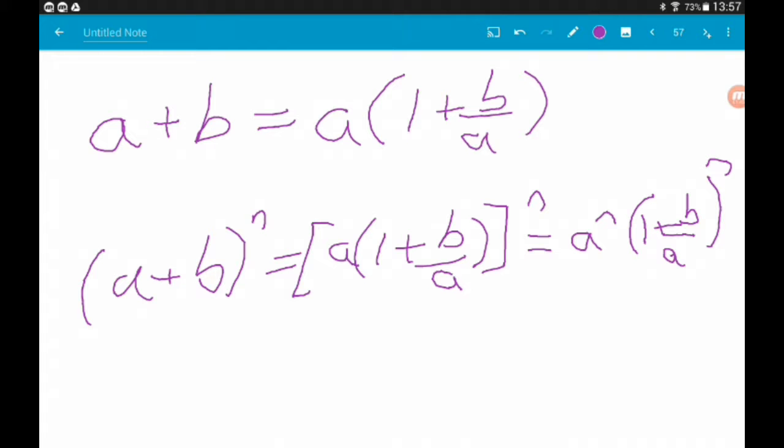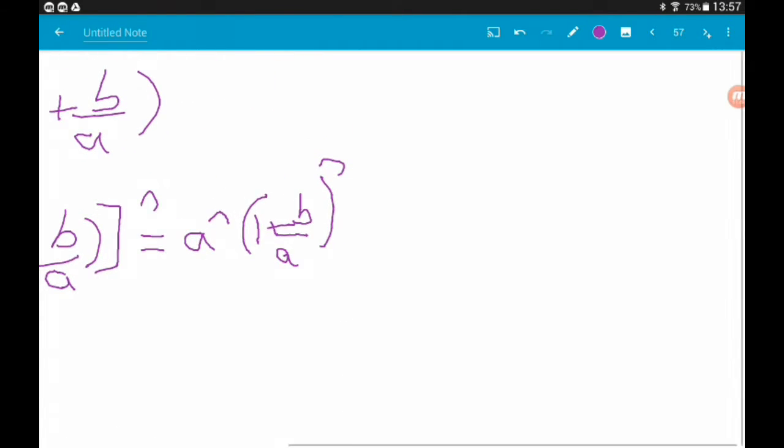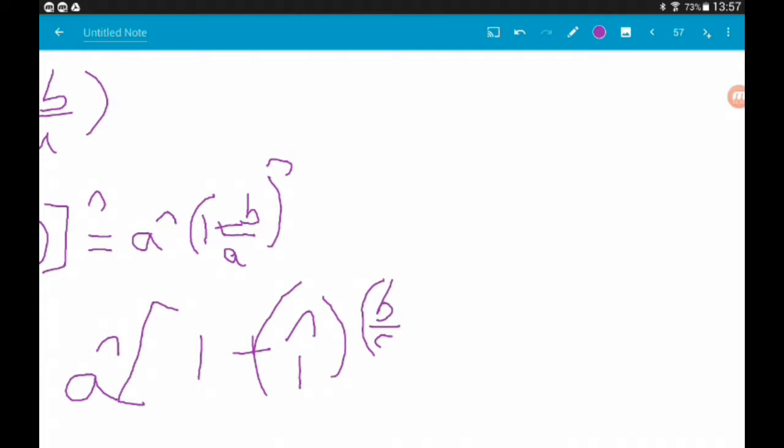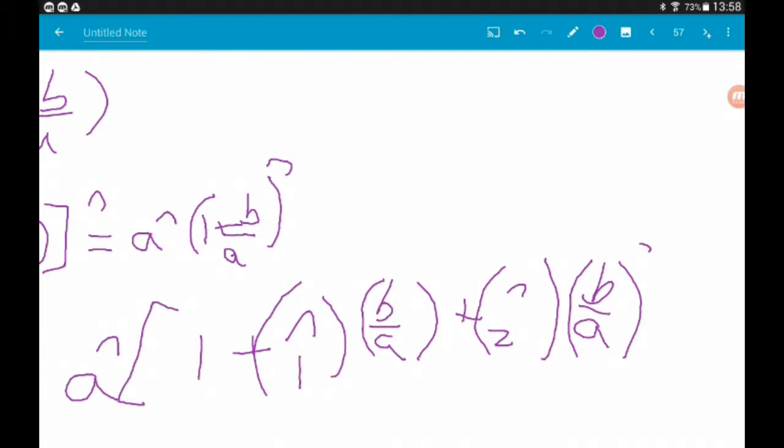So, if we now wanted to expand this out, well, we would have A to the power of n times, well, 1 plus n choose 1 times B over A. And then plus n choose 2, lots of B over A all squared.